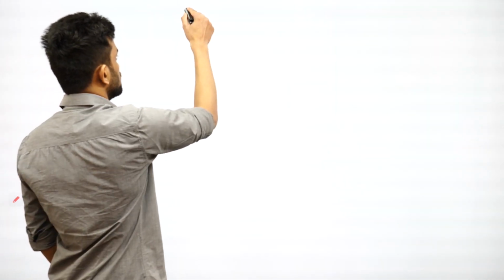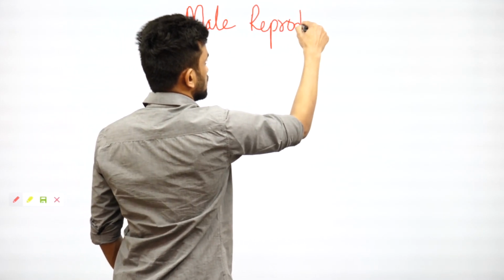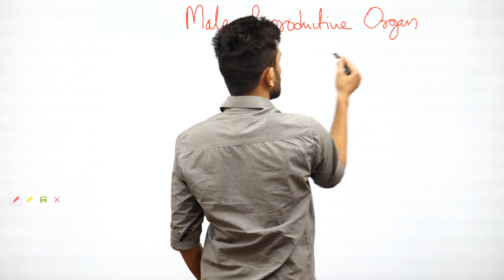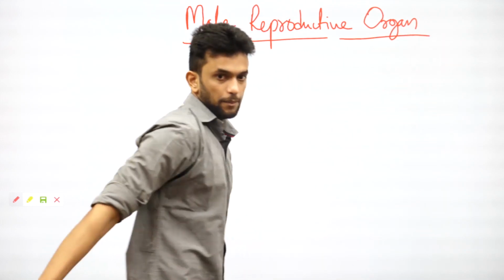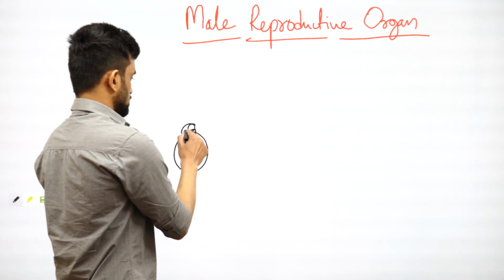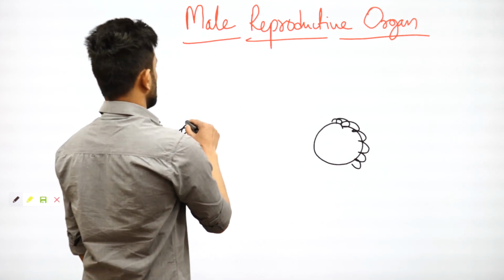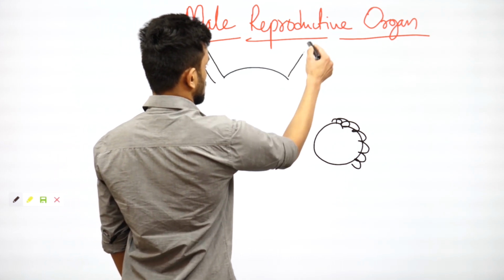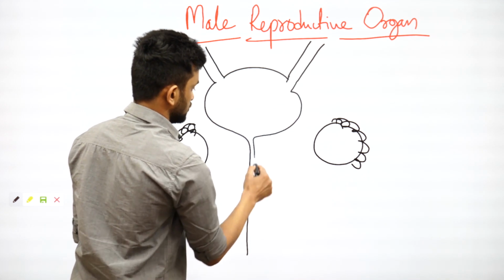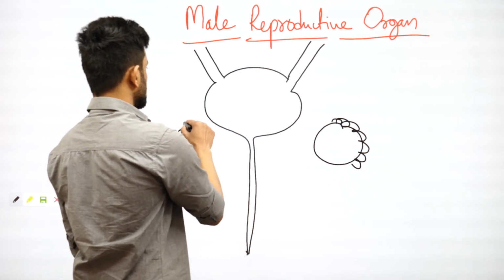Now the male reproductive organ, let's draw it. These are testes. And then what is this? Urinary bladder and urethra. Now what happens from here?